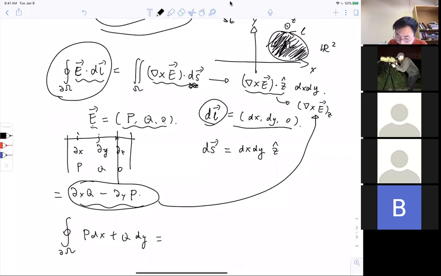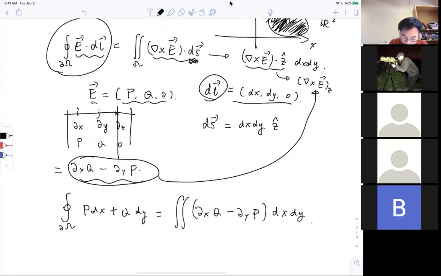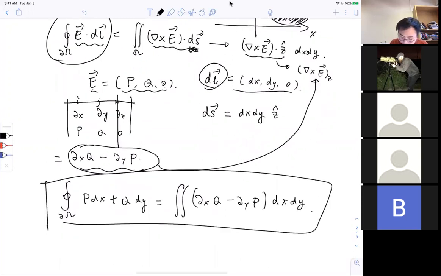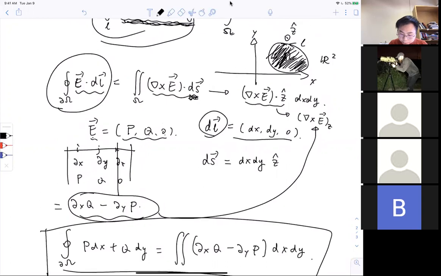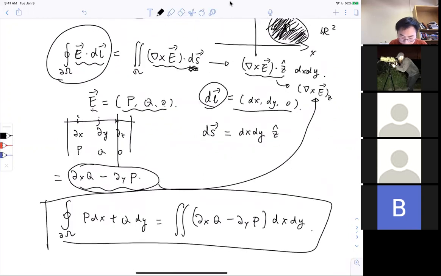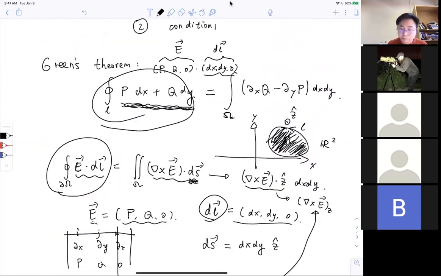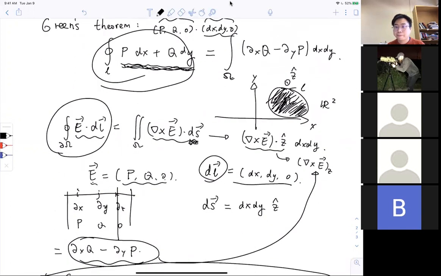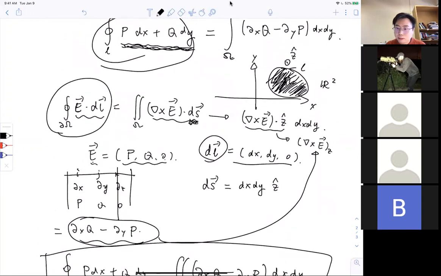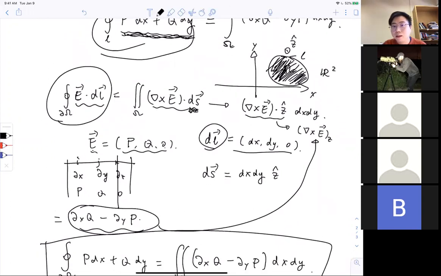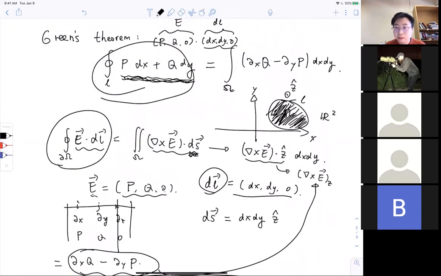And the right hand side is nothing but partial Q minus partial P dx dy. So you can say this is Green's theorem. So we can derive this Green's theorem from the Stokes theorem, right? Is it clear?